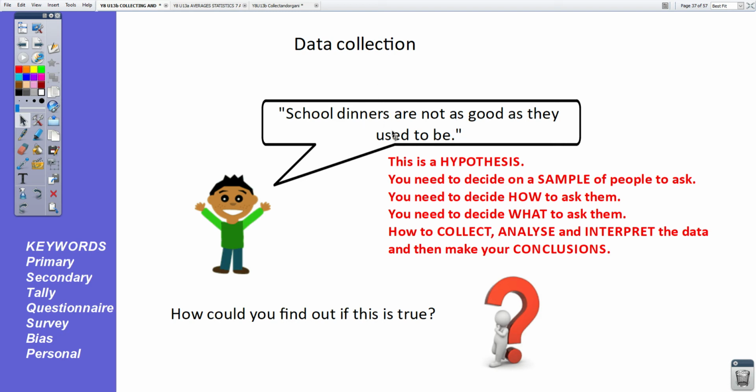In fact, this in itself is very general and would need to be reworded in order to make it a more suitable hypothesis for investigation. School dinners are not as good as they used to be last year. School dinners are not as good as they used to be when I was in primary school. Lots of things to be considered. Let's move on.